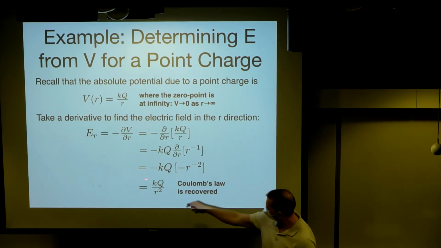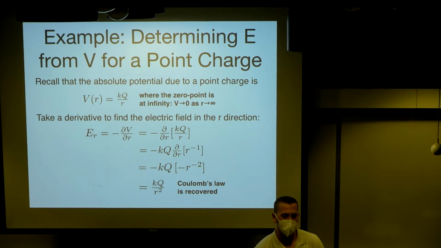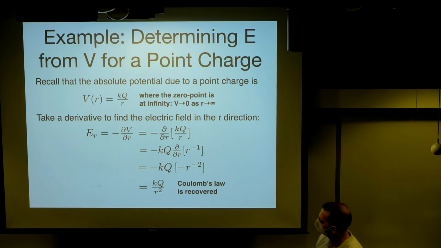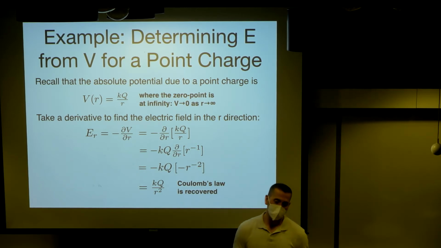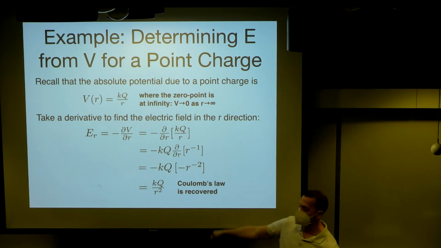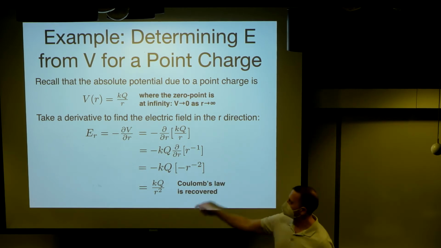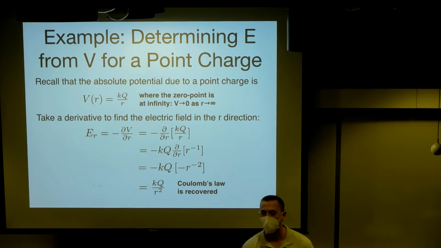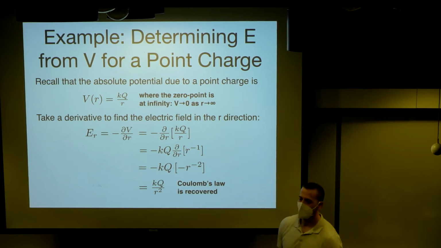So I can write this as KQ over R squared. And that's what we know the answer is supposed to be, right? We know that for a point charge, the electric field is given by KQ over R squared. That's Coulomb's law. But I'm just showing you, if you start here, you take a derivative, you recover Coulomb's law. So this idea works in this example, okay? Do you have any questions on how that works? Just taking a derivative to go from V to E.